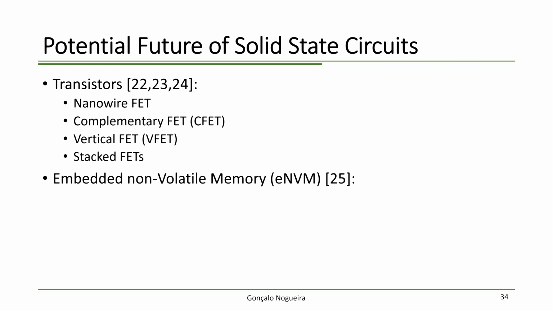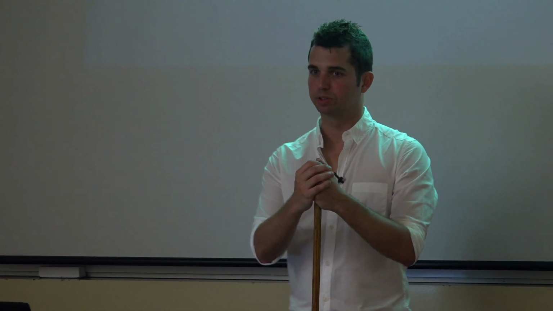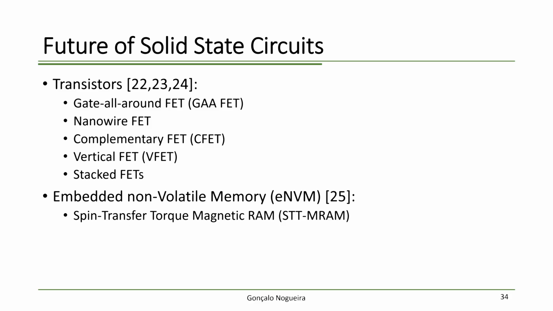Then I'd also like to present you something new, not much related to transistors, but also related to the topic: embedded non-volatile memory, namely spin transfer torque magnetic RAM, which is being developed by foundries and is expected to have production in 2018, 2019, 2020, and I wanted to share this with you.